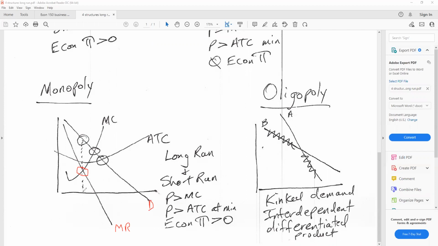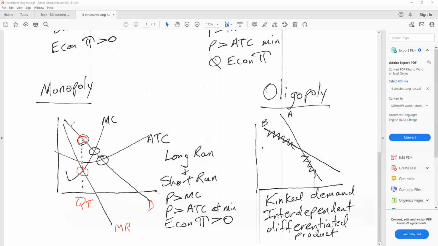We take that vertical line down to the horizontal axis. That gives our profit maximizing level of output. And then that price is the price that a monopolist gets. They set that price, and if they want to sell more product, they're going to have to lower their price.